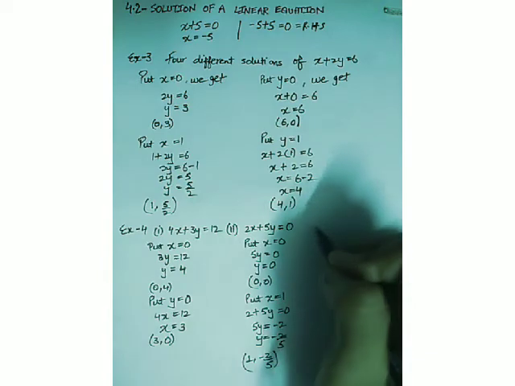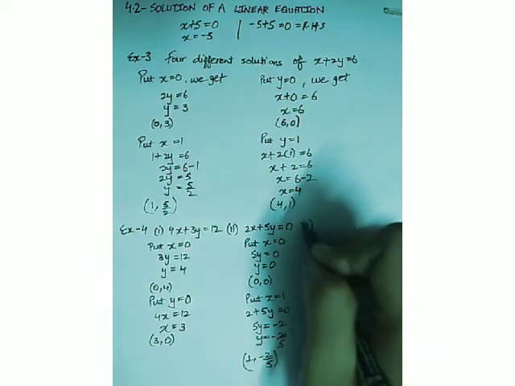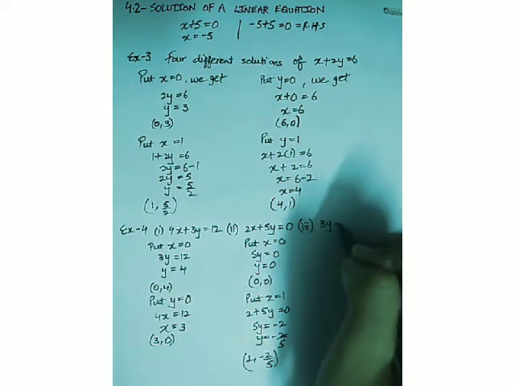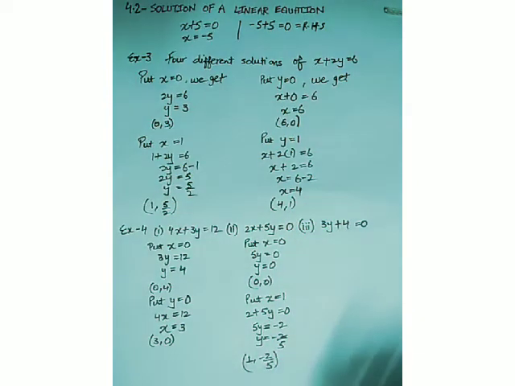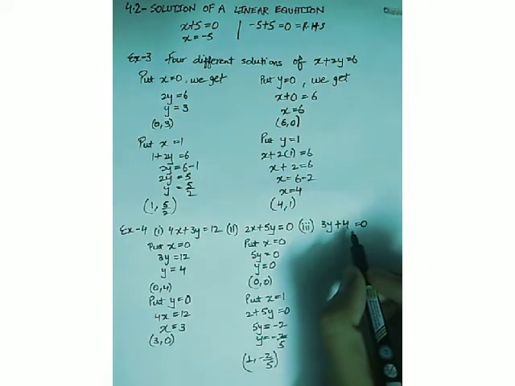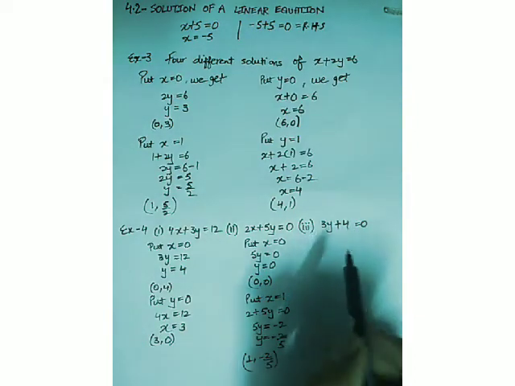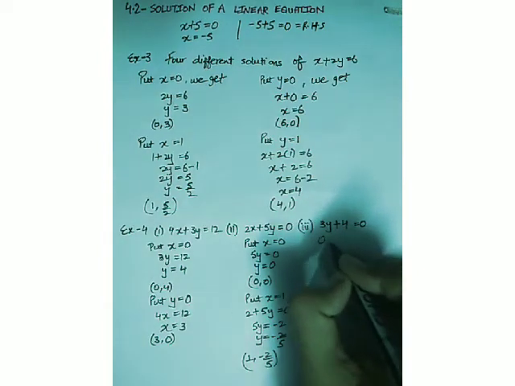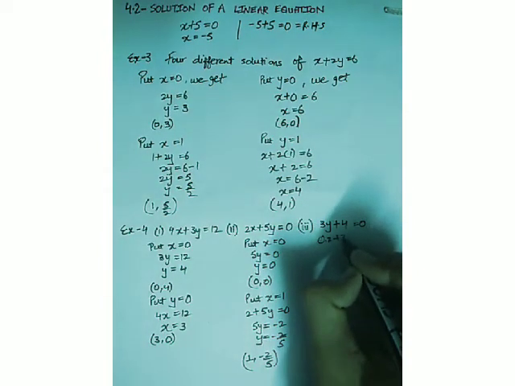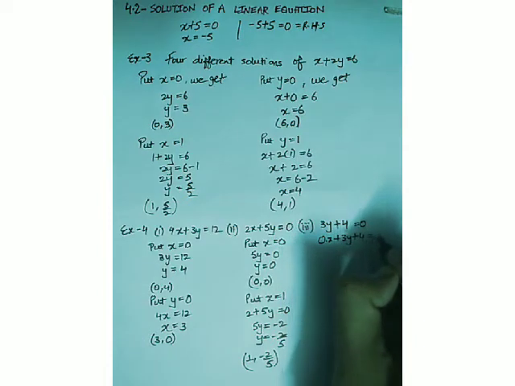Alright. What is our third equation? That is 3y plus 4 is equal to 0. And you can see that there is no x in this equation. So firstly make it a linear equation in 2 variables and introduce x by writing 0x plus 3y plus 4 equal to 0.